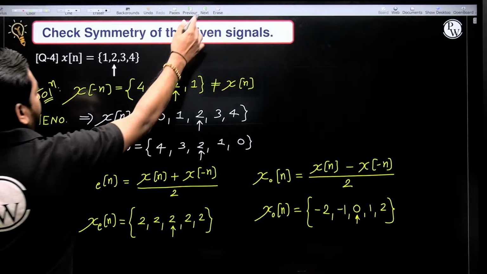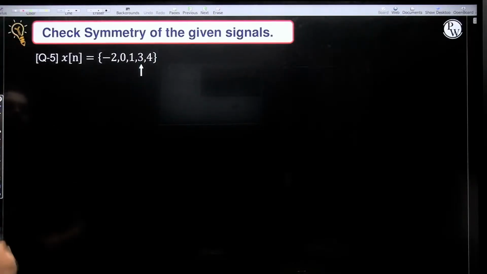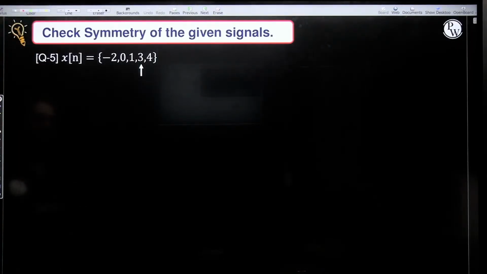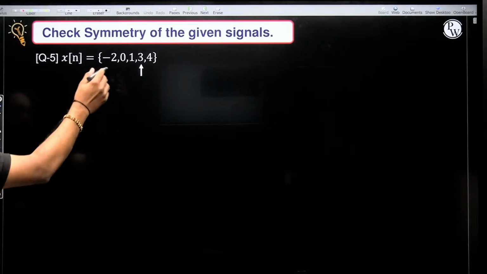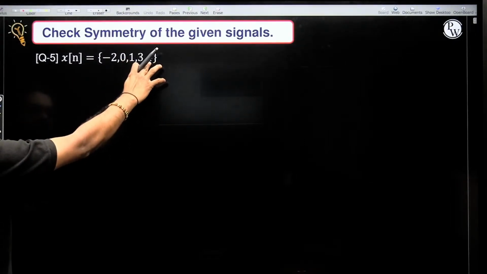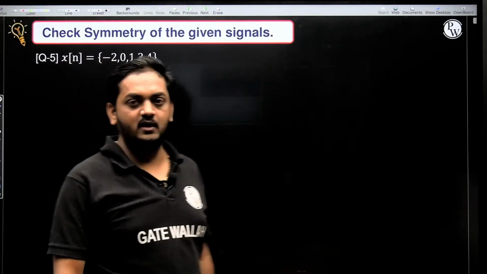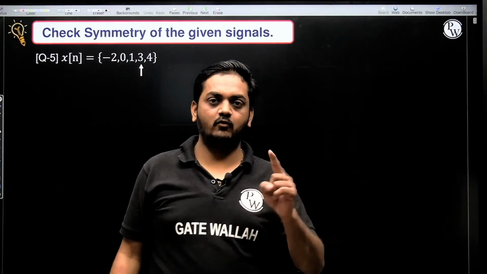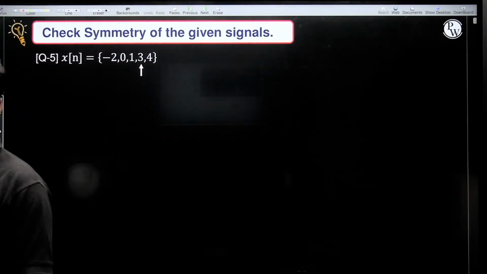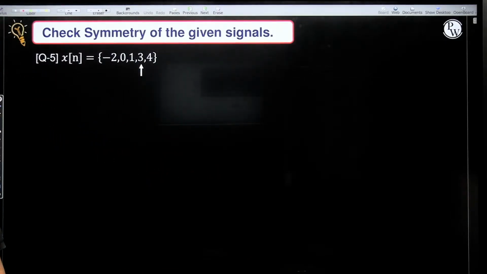Now next question. Now try this question. Find its odd part and even part. Of course, this is nano signal because right side only one sample, left side 3 samples. Okay, so definitely it will be nano, neither even nor odd. Now find its even part and odd part. I am expecting answer from everyone.